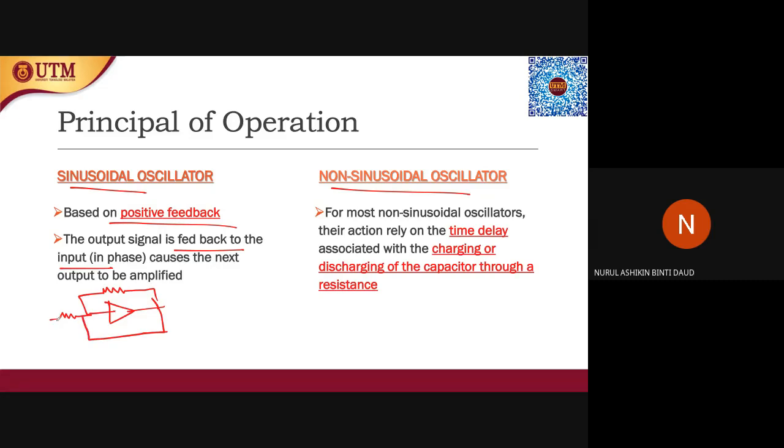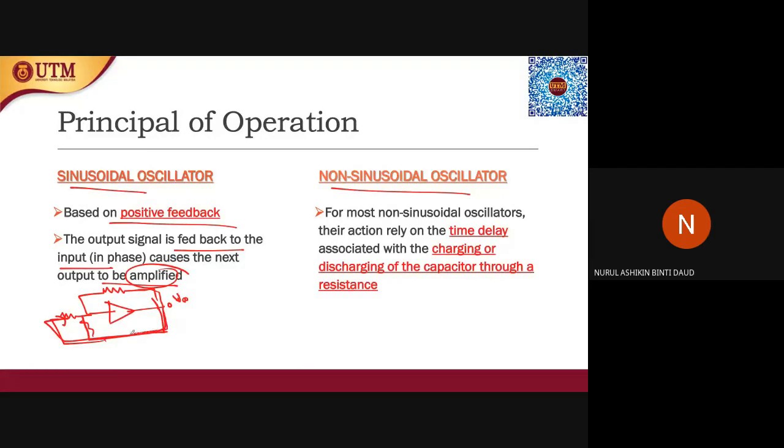The output signal goes back into the input and is amplified again, causing the next output to be amplified. This is the amplifier gain, and this is the feedback gain.